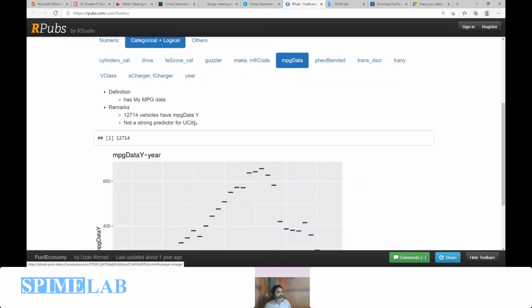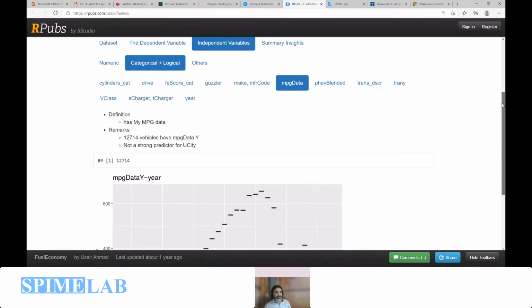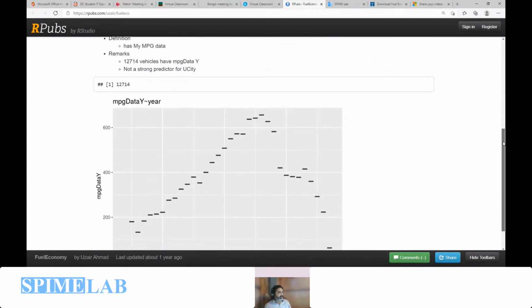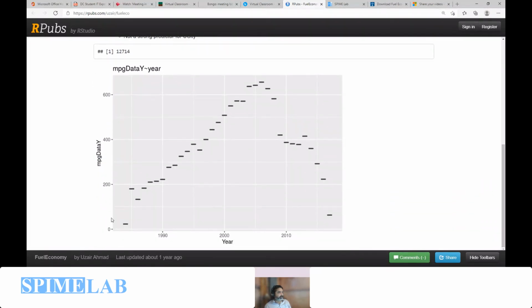If the independent variable is categorical, then you cannot do certain types of analysis on that. For example, you cannot calculate standard deviation, mean, etc. So what do you do? You look at this kind of behavior analysis using box plots.